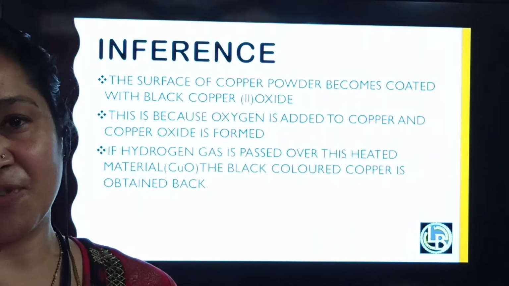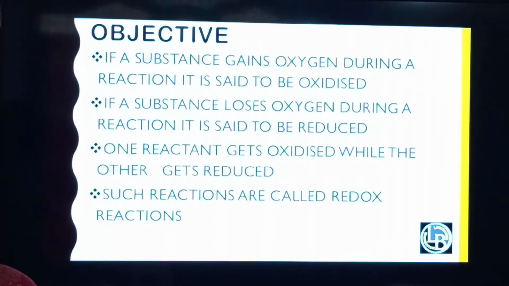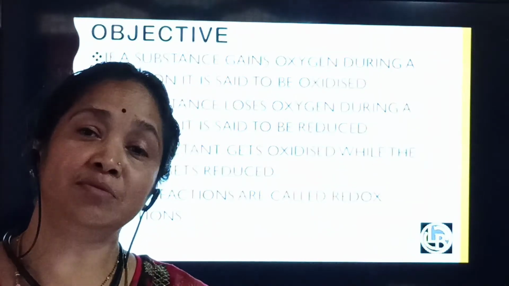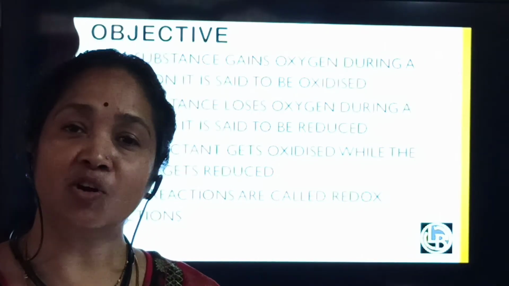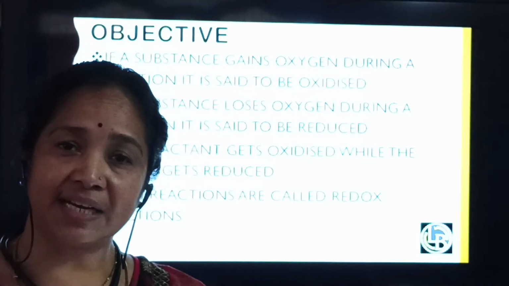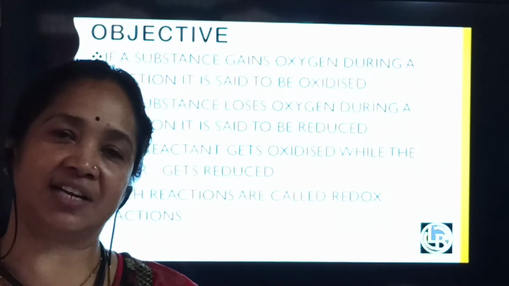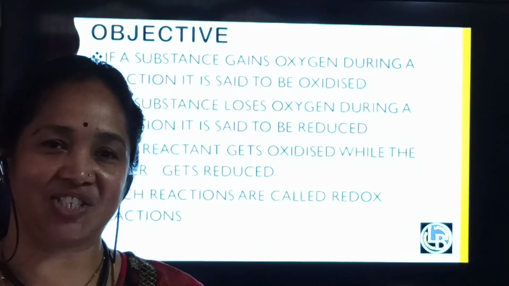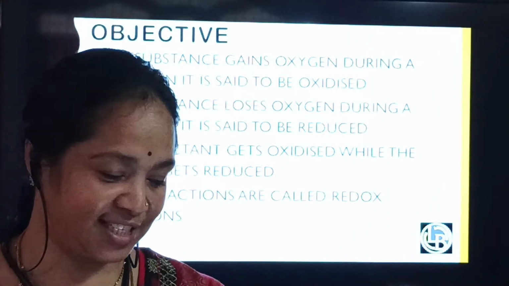That is, copper is formed because reduction takes place. Now, what is the objective? Here you are learning that when a substance is undergoing oxidation, immediately another substance is undergoing reduction. Such reactions are called redox reactions. Both reduction as well as oxidation take place simultaneously.